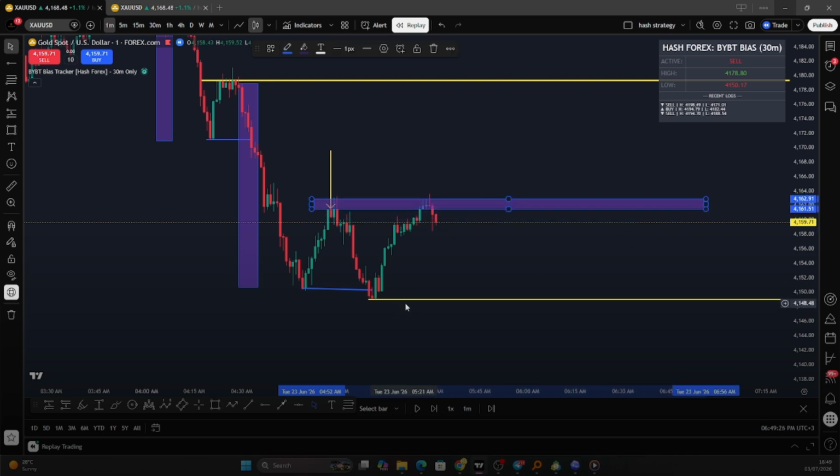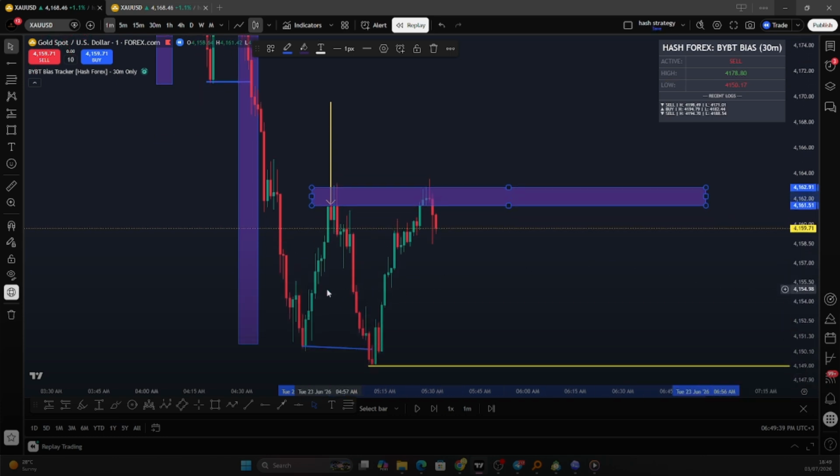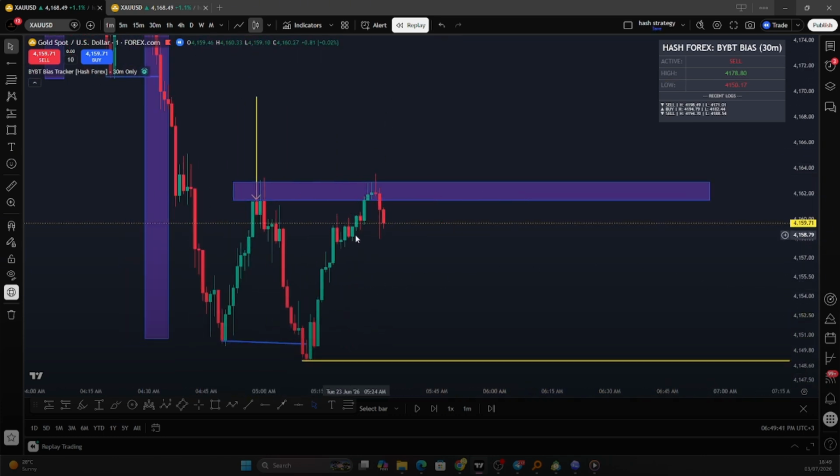What is our area of confluence? Our area of confluence is the market retesting a previous zone of resistance and respecting it. Here we can see that the buyers are approaching, and the way they're approaching is going to matter. You're seeing that after reaching this zone of resistance, the bodies of the buyers are reducing.